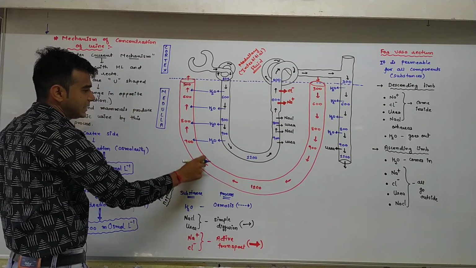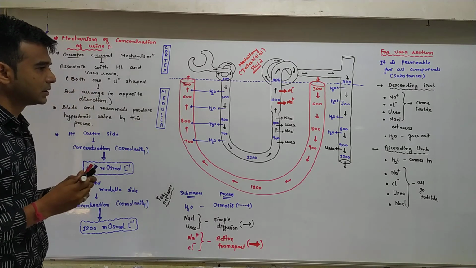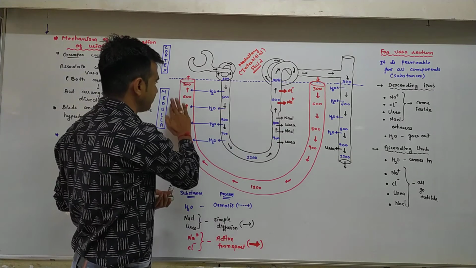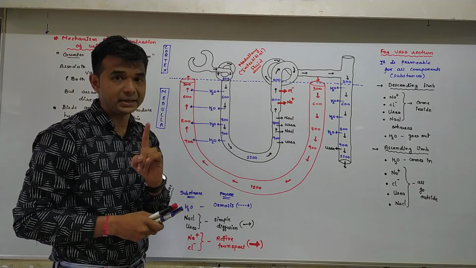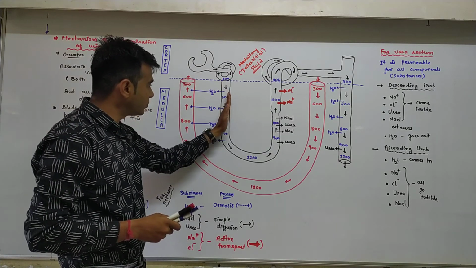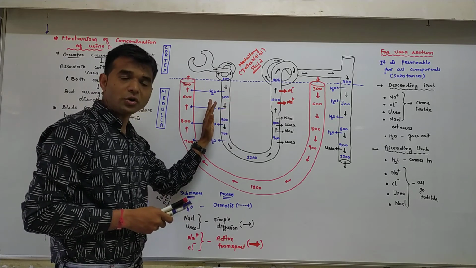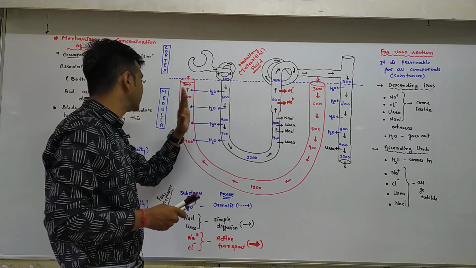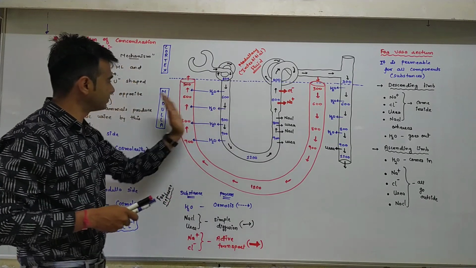Now here we are in the ascending limb of the vasa recta, so water comes in. From the descending limb of the loop of Henle, water comes out in the interstitial fluid or medullary fluid, then it comes in the ascending limb of the vasa recta. Right?